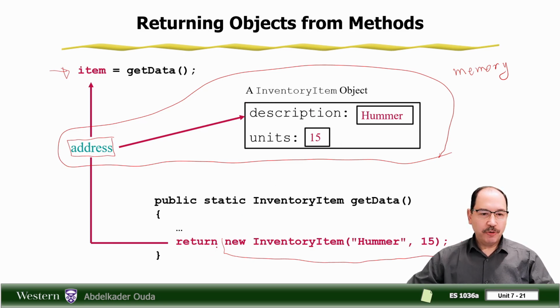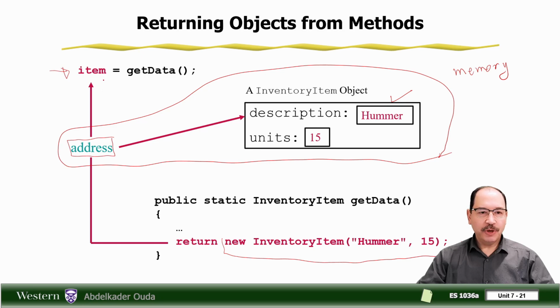The return will not return this object; it will return the address of the object. So the address of the object will be assigned to the item variable. So item here stores the address of this object.